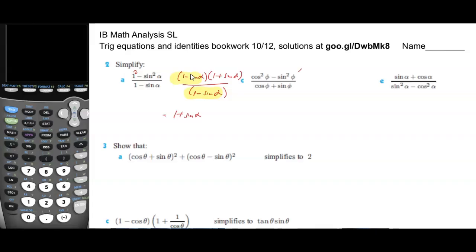Oh, here's the famous identity again. So the top is going to become cosine phi minus sine phi, and then cosine phi plus sine phi on top. And the bottom is going to be cosine phi plus sine phi on the bottom. And the bottom is obviously going to cancel with the right side, and so we're left with cosine phi minus sine phi over 1.